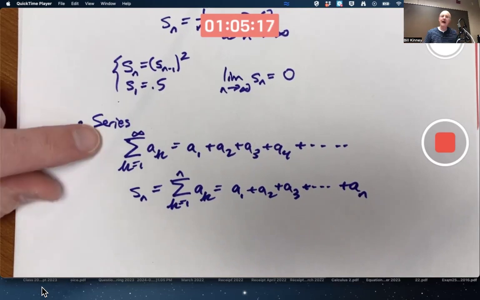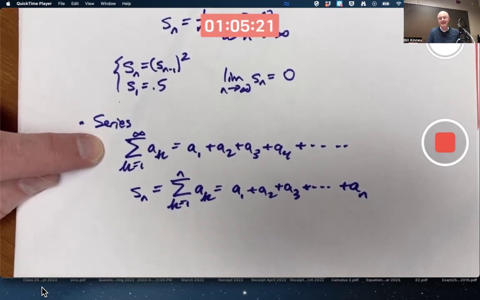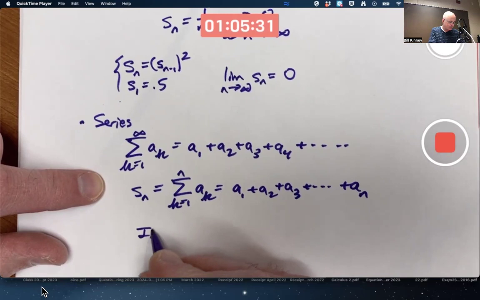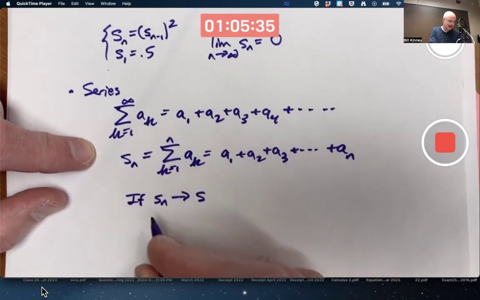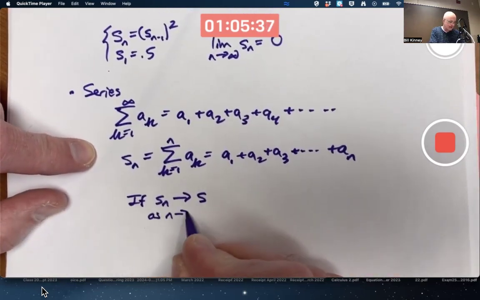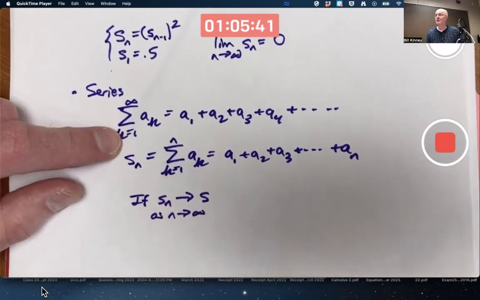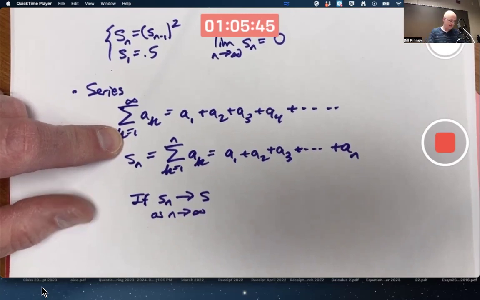The convergence or divergence of the series is completely dependent on the convergence or divergence of this sequence of partial sums. That's how it's defined. If Sn converges to some number S, as n goes to infinity, then we say the series, the infinite sum, so to speak, converges to the exact same thing.